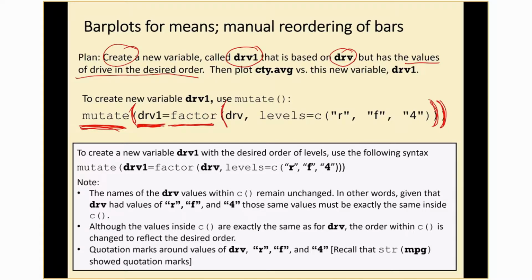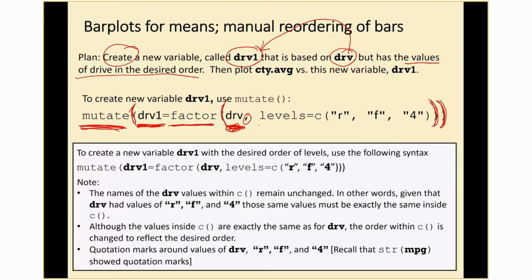Then you put the name of the old variable. So this new variable drive1, with the drives in the desired order, is going to be based on the old variable drive. So you state the old variable, a comma, and this is in Courier font. You do it exactly like this, a recipe that's not worth trying to understand.